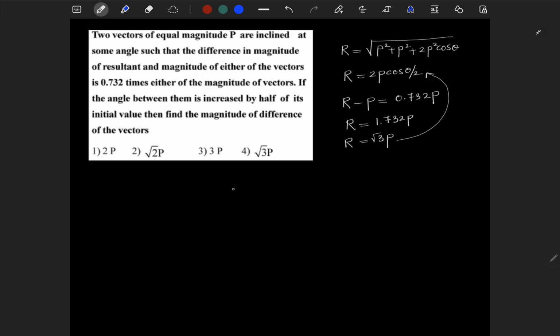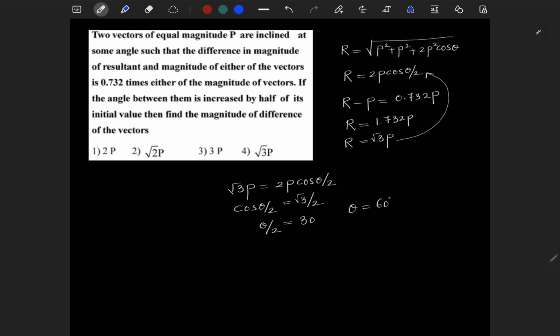So then you have root 3 P is equal to 2P cos theta by 2. P got cancelled, and you're left with cos theta by 2 is equal to root 3 upon 2. Which means the value of theta by 2 has to be 30 degrees, and theta is equal to 60 degrees.